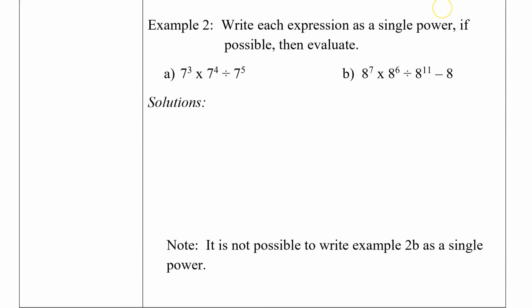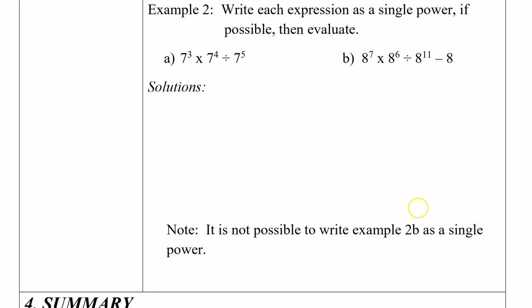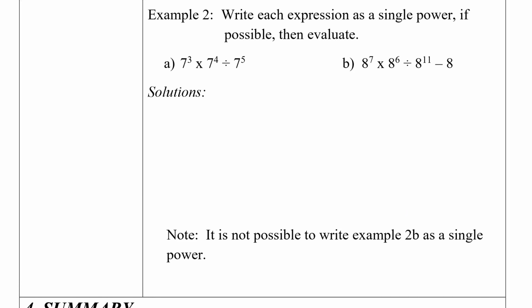Now, this is where it kind of spices it up a little bit. We have two different questions here, and they kind of involve both multiplication and division. So whenever you see something that looks like this, do not be afraid. Remember that when we see multiplication, we add exponents. Division, we need to subtract exponents. Okay, and we know that all the bases are the same.